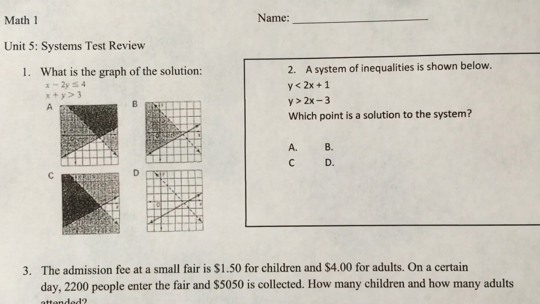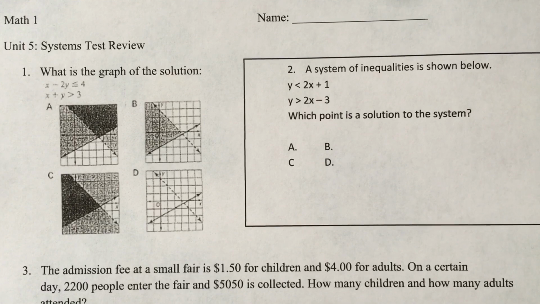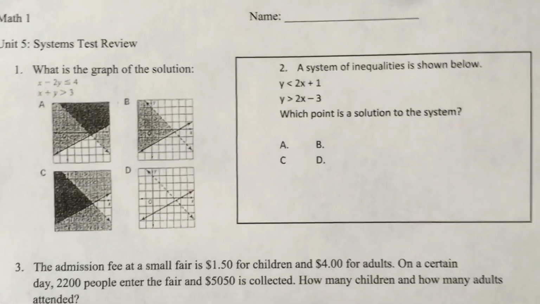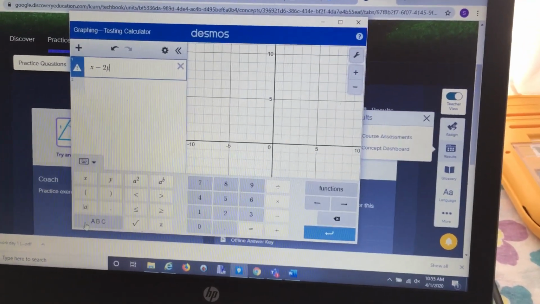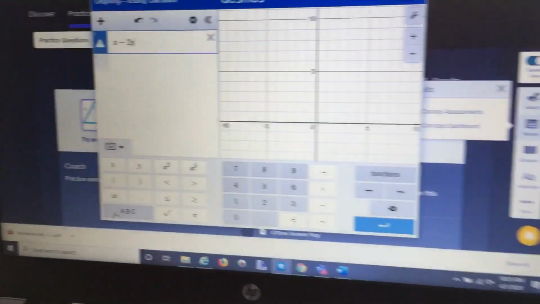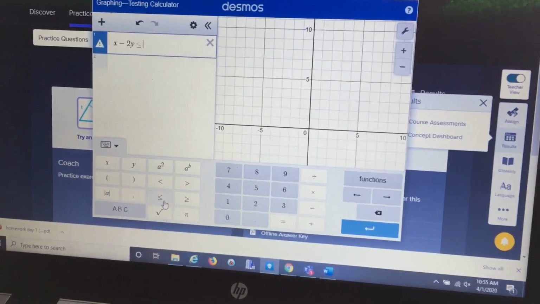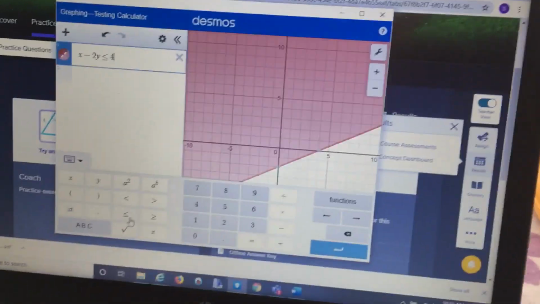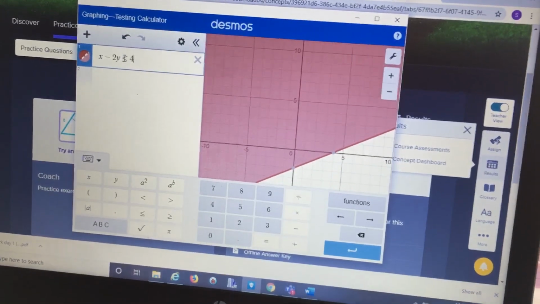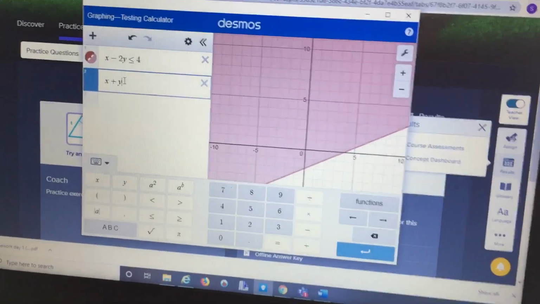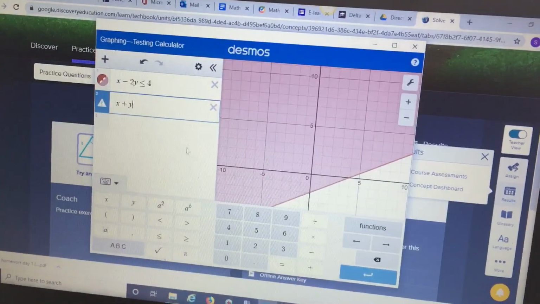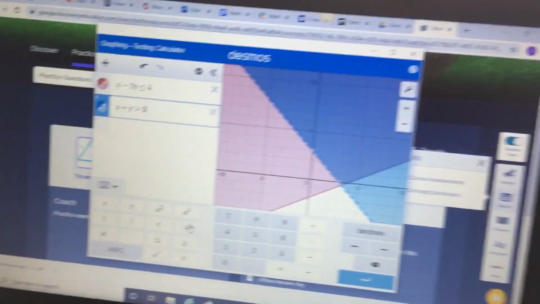I would just put that in Desmos. When you put it in Desmos, you will have to click down here at the keyboard in order to find the less than or equal to symbol, which is 4, and then the other equation is x plus y is greater than 3.